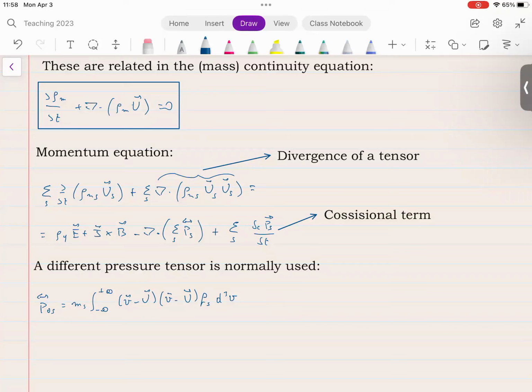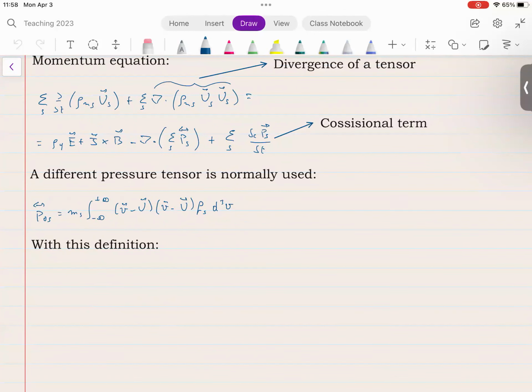And if we use this definition, by simple algebra, we rewrite the momentum equation as rho sub m, the mass density, times du/dt plus u dot grad u.